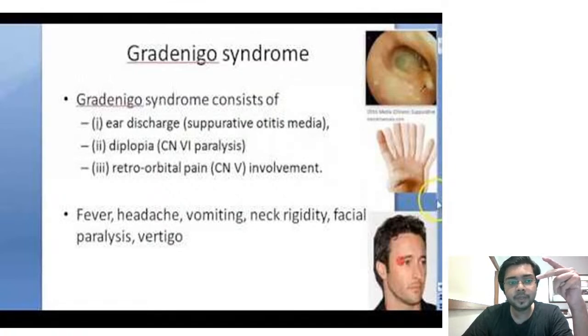Second is diplopia due to sixth nerve paralysis. The sixth nerve is the abducens. So SO4 LR6, that means the lateral rectus will be paralyzed, and that is the reason your patient will present with diplopia.